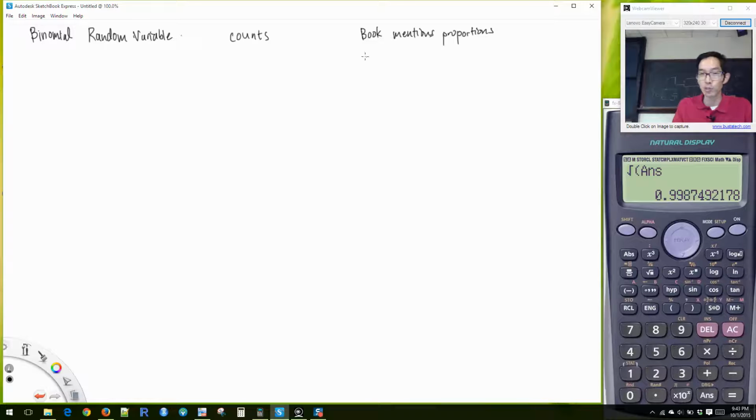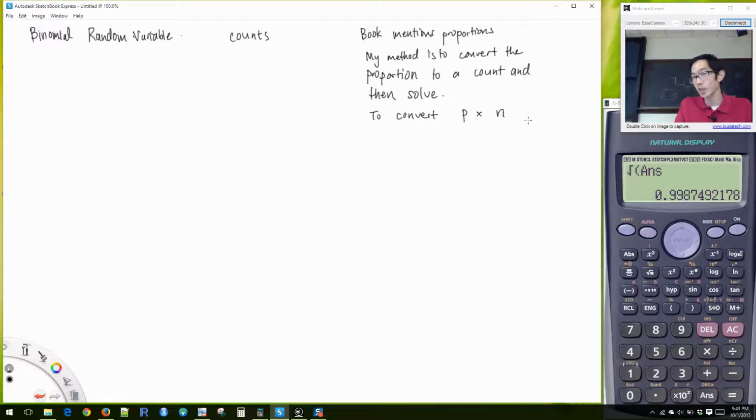So when the book talks about proportions, immediately what I do is I convert the proportion into a count and then solve the problem that way, rather than trying to answer the question directly as a proportion, okay? So the book mentions proportions. My method is to convert the proportion to a count and then solve. So to convert, just do p, the proportion, times n, the sample size, to get your count.